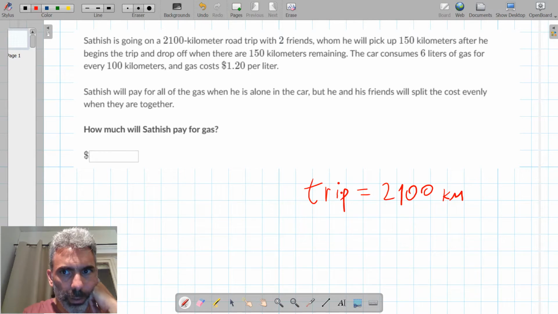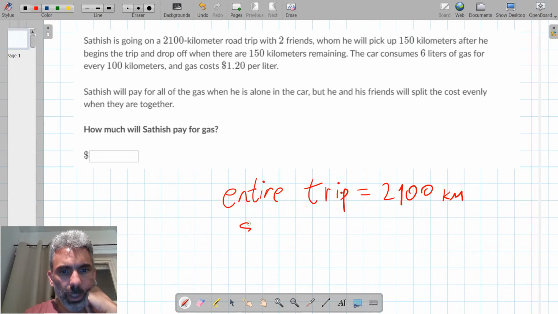Okay, so 150 plus 150 is 300. So we need to subtract. And this is the entire trip.